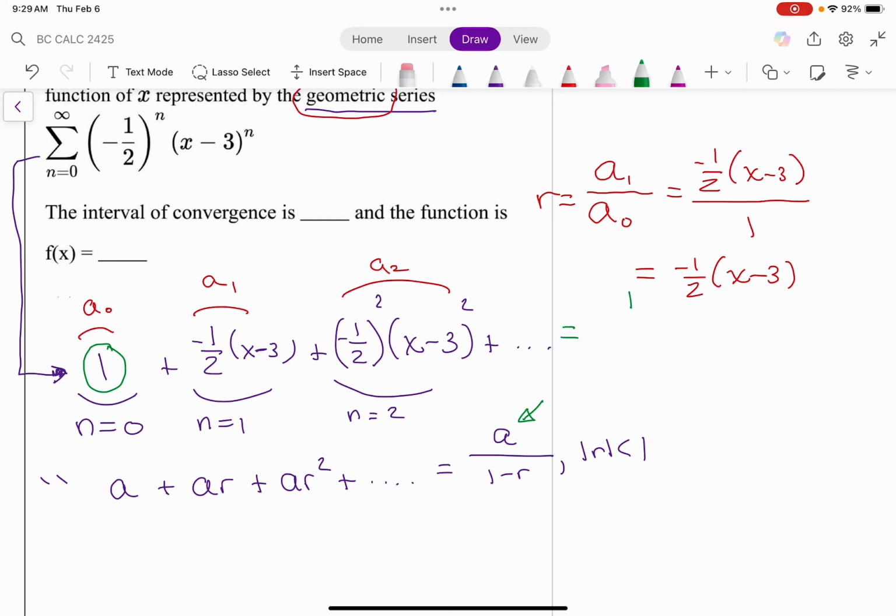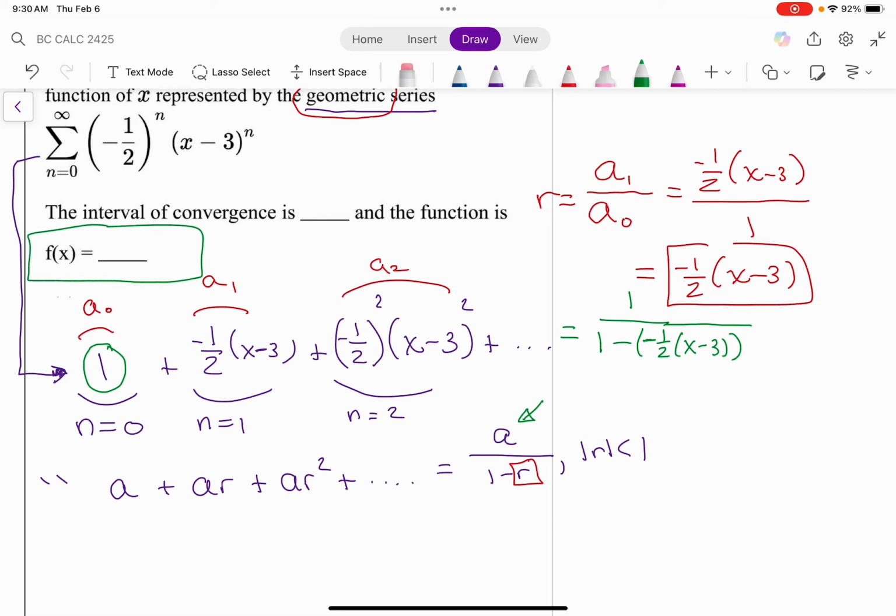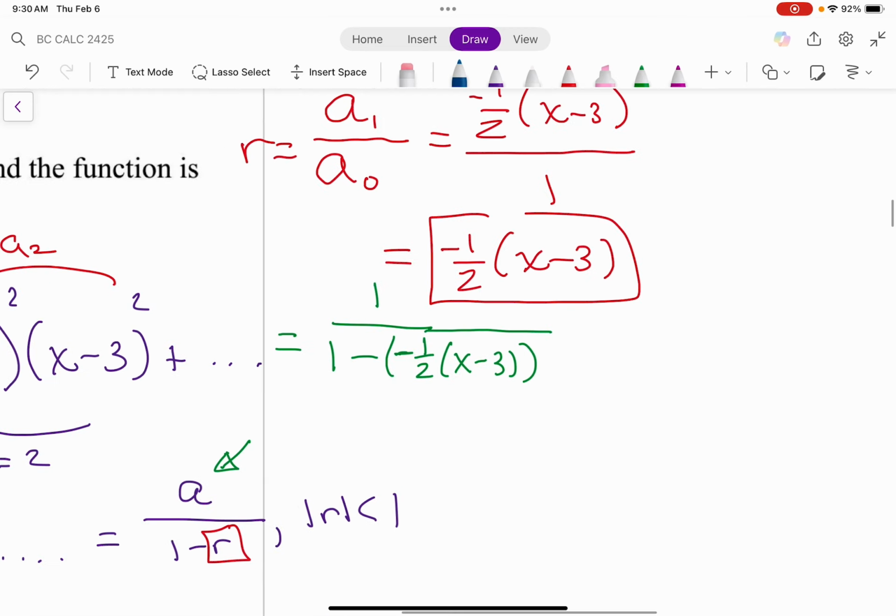So it's going to be 1 over 1 minus the common ratio, which again we just figured out here. We'll clean it up in a second to write it nicer. That'll be the function, whatever this cleans up to be. And then we'll do the interval of convergence in a second. But let's clean this up a little bit.